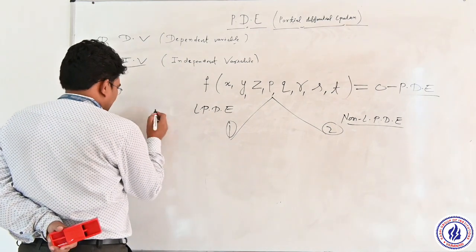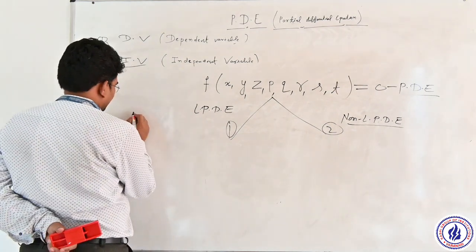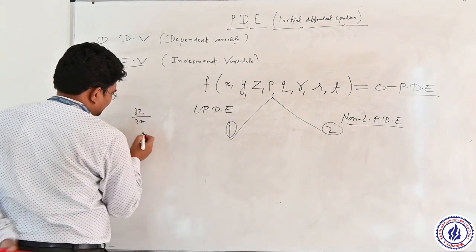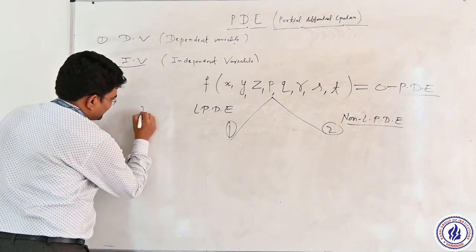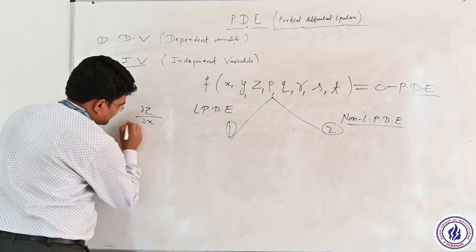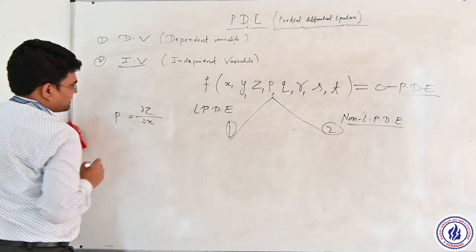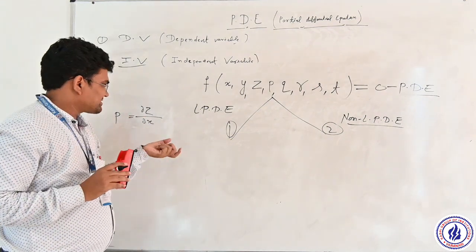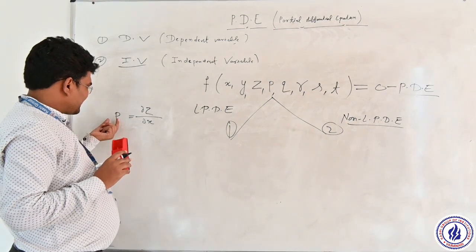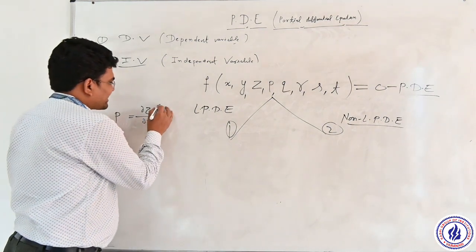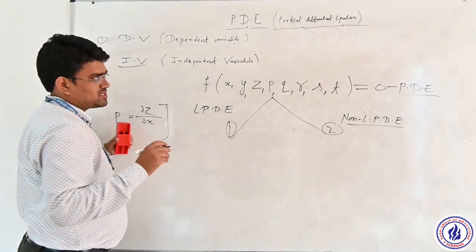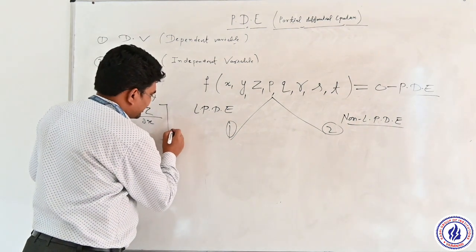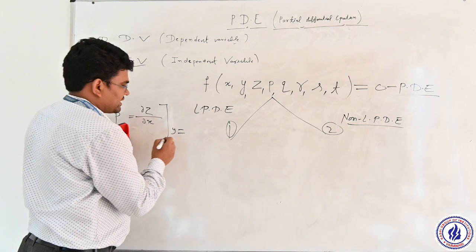So z differentiated with respect to x, that is we say p, means differentiation of dependent variable z with respect to x, treating y as a constant. Okay, other than x is constant.